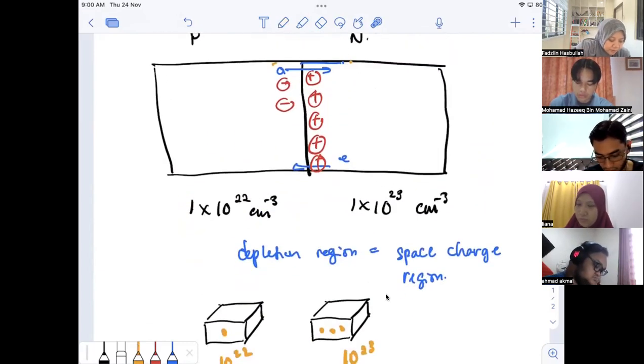Okay, now in order for the depletion region to occur, one electron has to recombine with one hole.